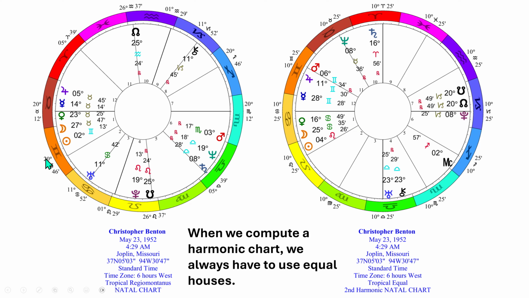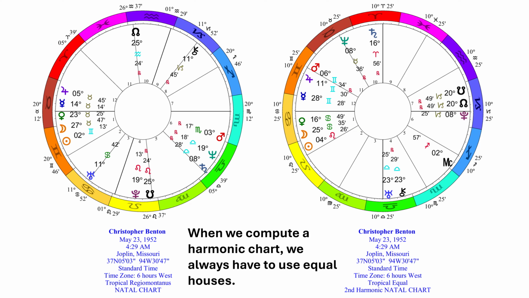So you do 2 times 80 degrees, that's going to be 160 degrees. That would be 10 degrees Virgo. So if I convert this house cusp to the 2 harmonic, and also this house cusp, I'm going to wind up at 10 degrees of Virgo for both of them, right?